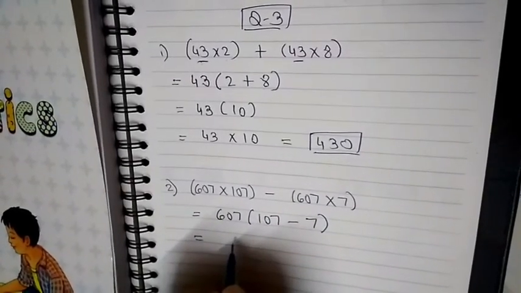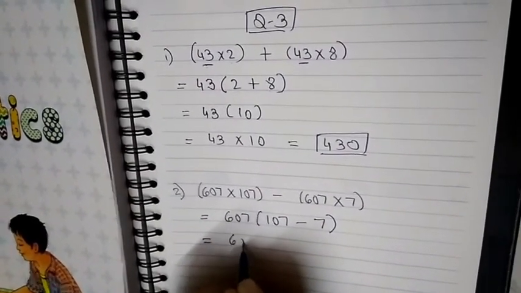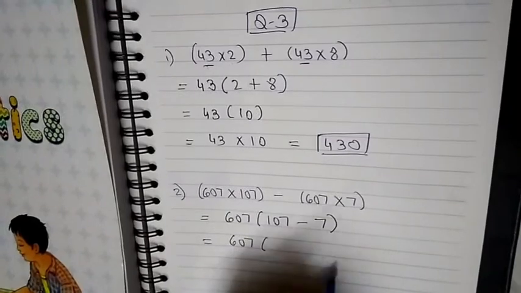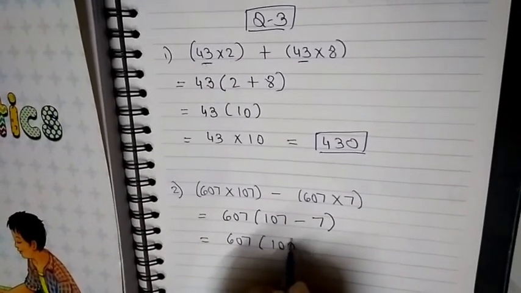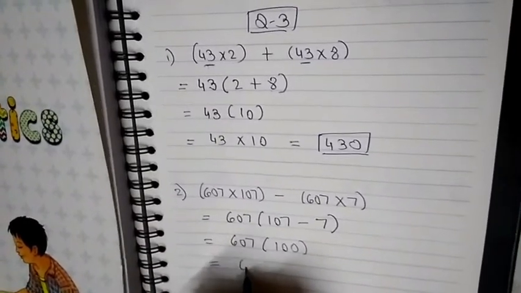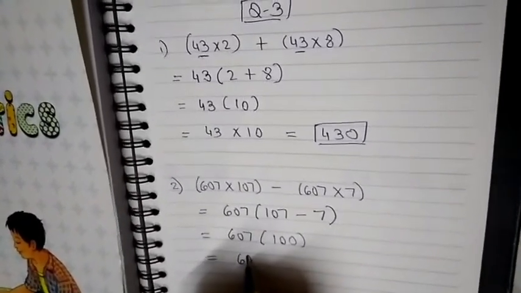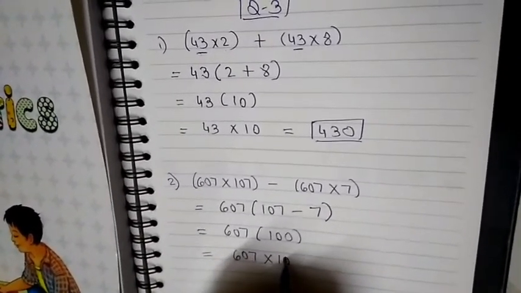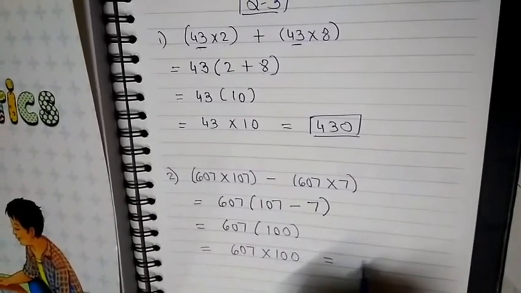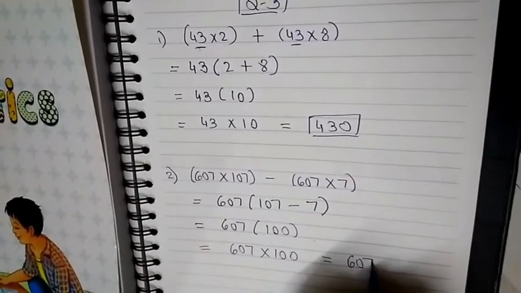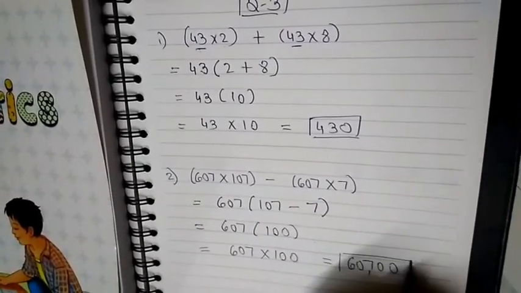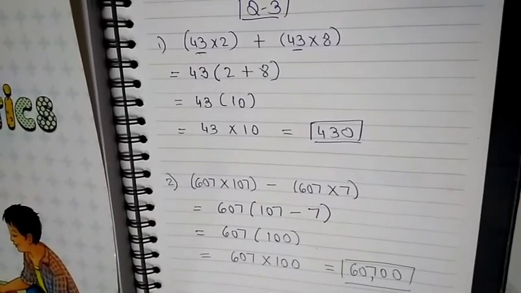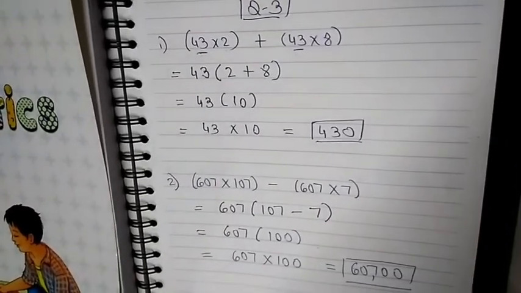So 607 times, now 107 minus 7 will give you 100. So 607 multiplied by 100 will give you 607 and 00. So 60,700 is your final answer.